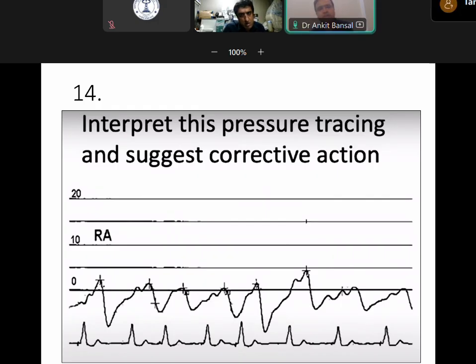Interpret, don't give the diagnosis. So first look at the ECG. What is the rhythm?